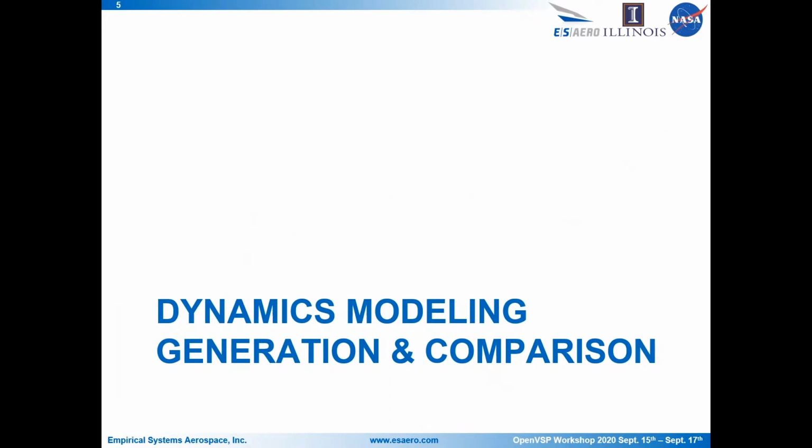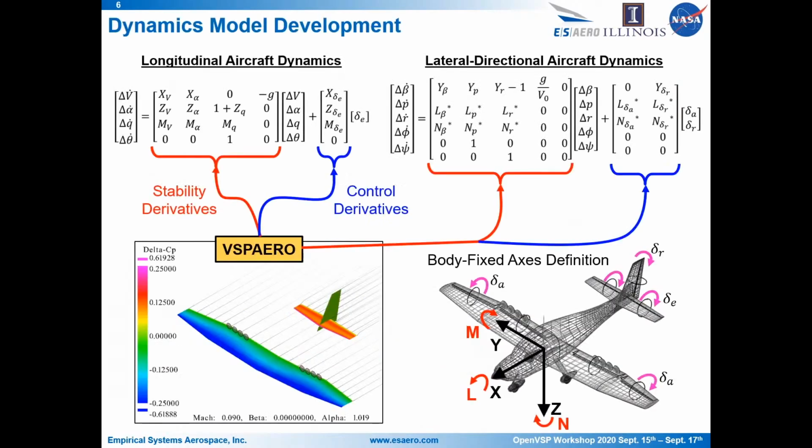And with that, I will dive right into how we're modeling our aircraft dynamically and our comparison between VSPAERO and flight test. So to begin, we start off with standard textbook longitudinal and lateral directional aircraft dynamics systems of equations in 6 degrees of freedom motion. And they are presented here in state space form.